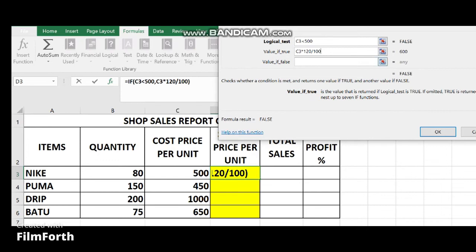And then they said, otherwise you have to do what? Add 15%. So it's the same 500. If it's different, you must add the 15%. So it's also multiplied by 115 divided by 100.